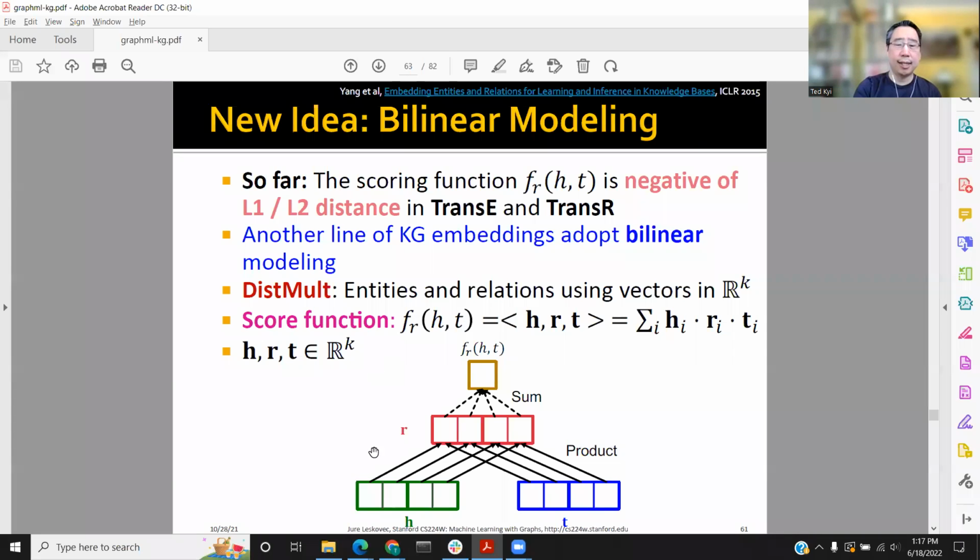The idea is that if you have a vector for your head, a vector for your relationship, and a vector for your tail, then we're going to dot all three of them together. You component-wise multiply all of them and sum it up, and that's what we're going to use as our score function.